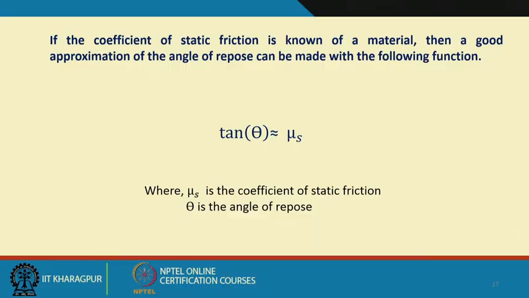There is another, indirect way of knowing the angle of repose. If we know the coefficient of static friction of a material, we can only approximate the angle of repose. That is why I have written it is equivalent to, not always true, there are some exceptions. The coefficient of static friction of the material is equivalent to tan theta, where theta is the angle of repose.